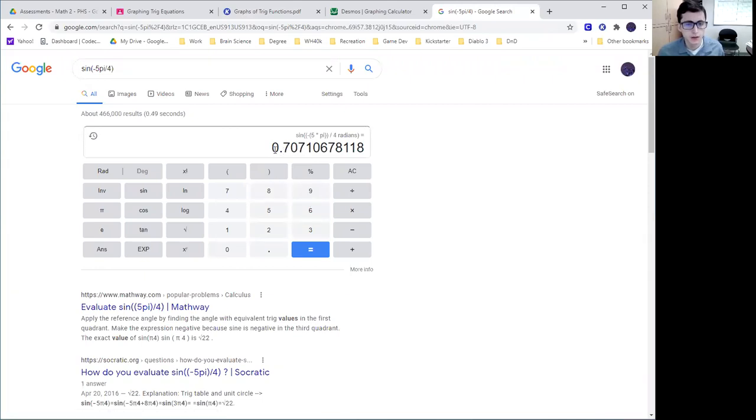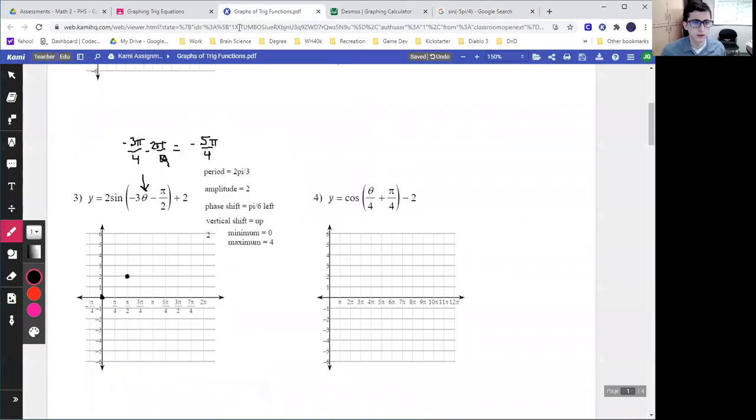Can't be right. Sine of -5 pi over 4. Oh, I guess it is right. So we've got 0.7, let's say.